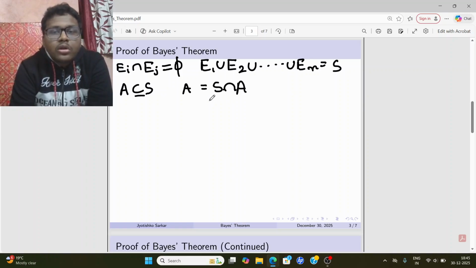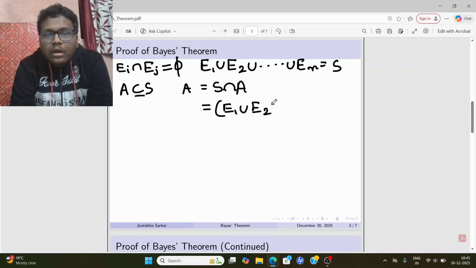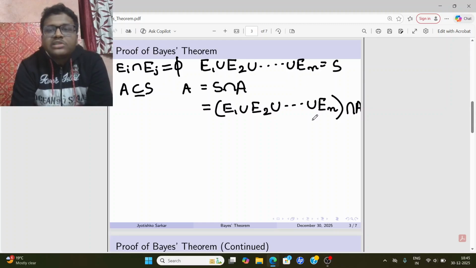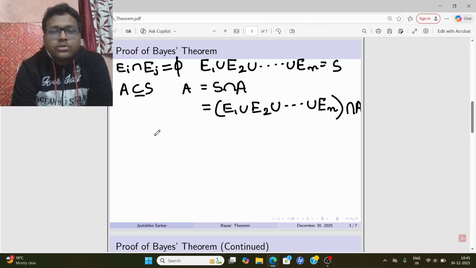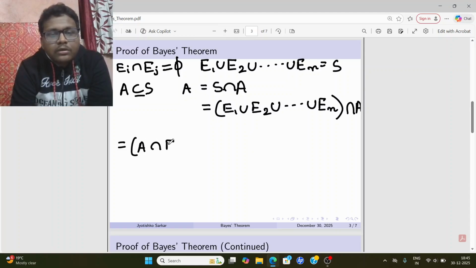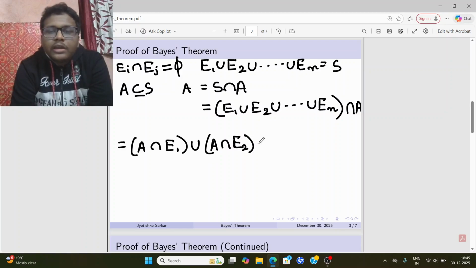Now we know that S is nothing but E1 union E2 up to En, intersection A. Now if we distribute this intersection along this union, then we will get A intersection E1 union A intersection E2 union up to A intersection En.